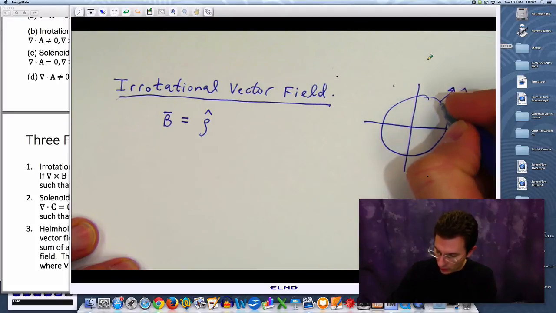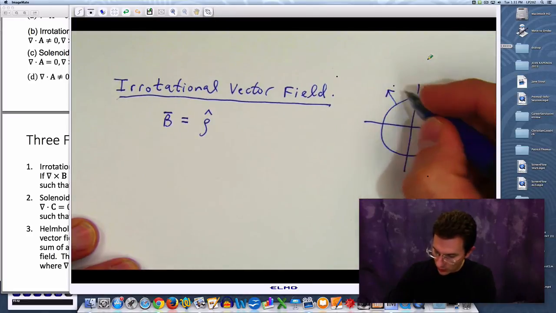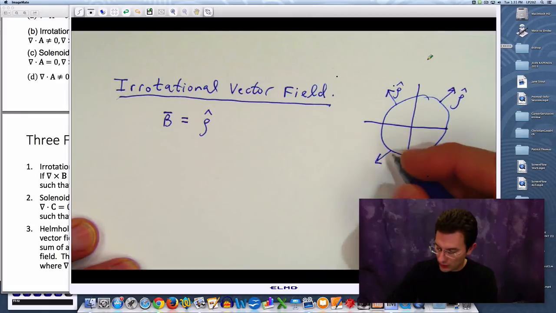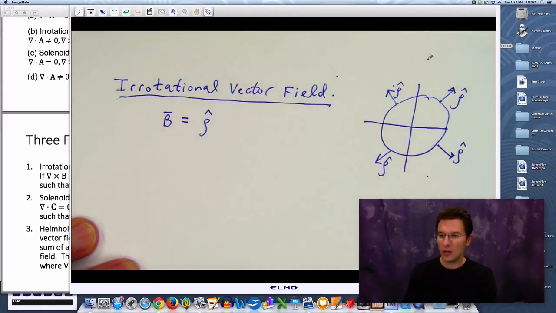At this point, rho hat is pointing radially out in that direction. At this point, it's pointing in that direction, and so forth. It's just always normal to the surface of a circle, right? This is the rho hat direction. Okay, just like that.